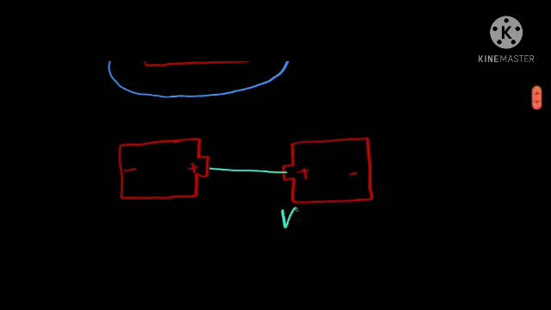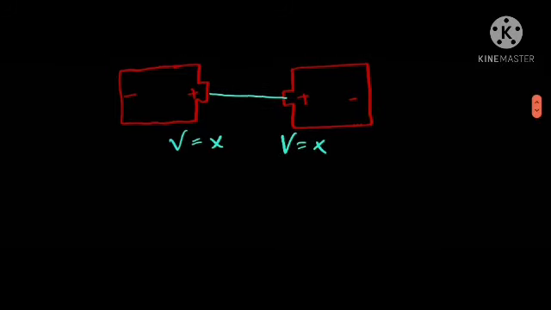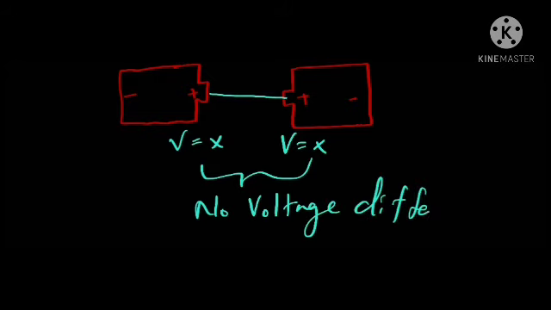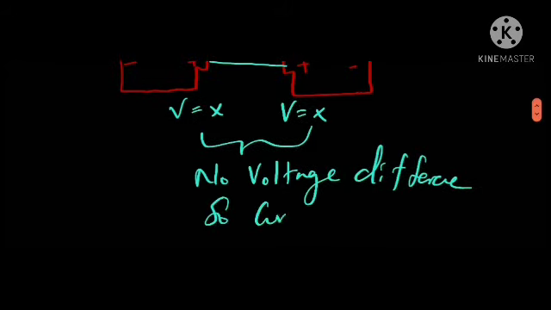So what if you connect two batteries with their positive to positive? In this case, both batteries are at the same voltage, so they don't really have a voltage difference between them. Because of that, the current wouldn't flow through.